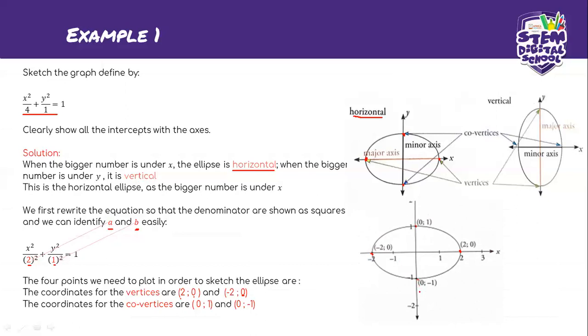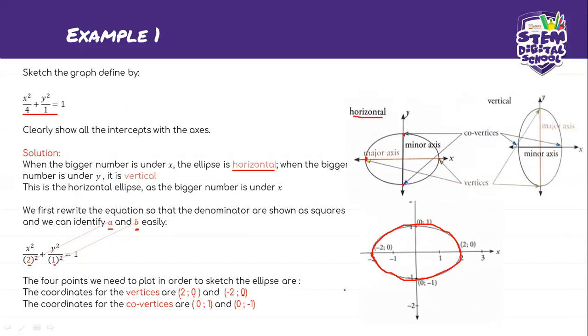So after putting your points, you just join them, and they will give you a nice ellipse graph. That's how you should draw an ellipse. It's going to be easy.